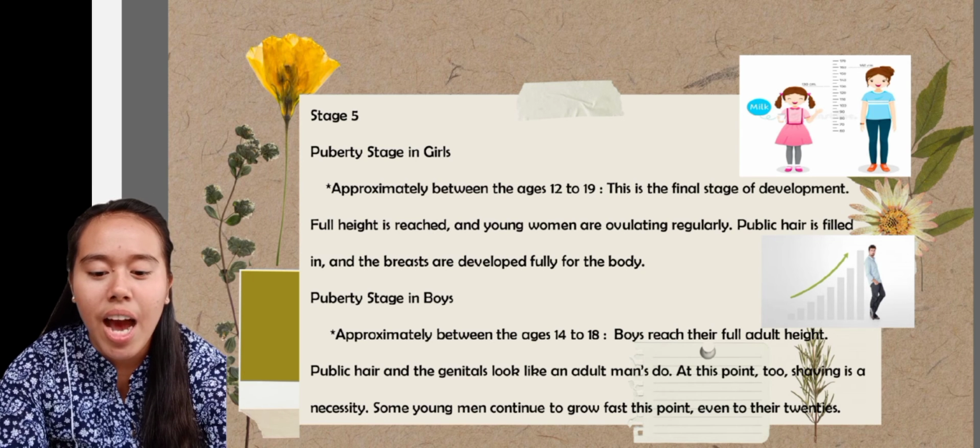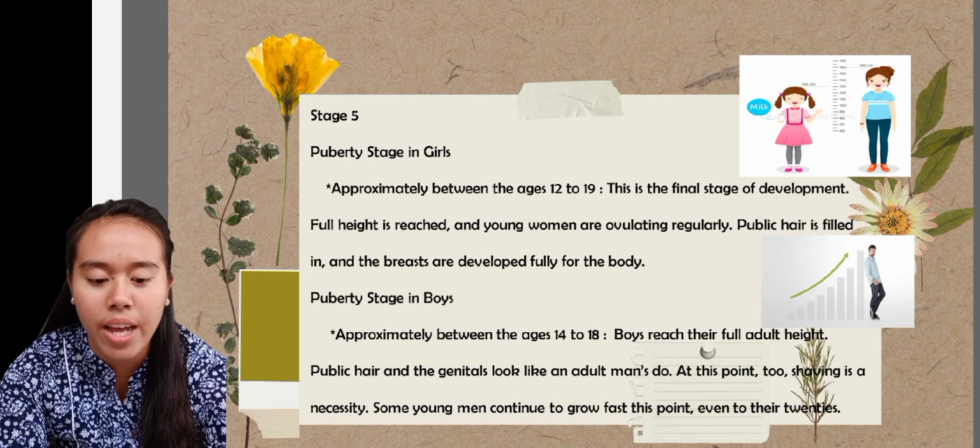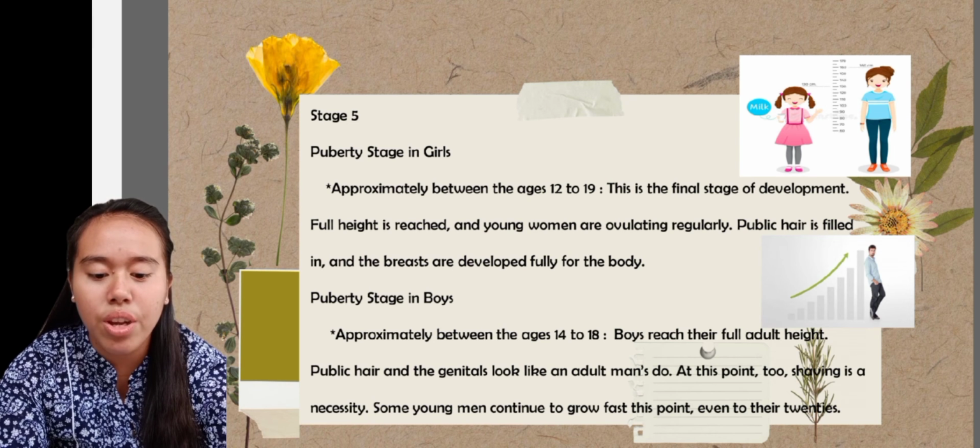For boys, approximately between the ages 14 and 18, boys reach their full adult height. Pubic hair and the genitals look like an adult man's. At this point, shaving is a necessity, and some young men continue to grow past this point, even into their 20s.